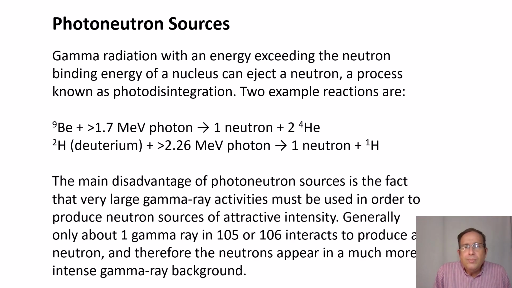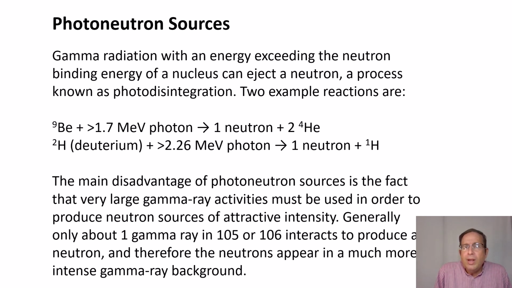Now, the disadvantage of photodisintegration or a photoneutron source is that a large gamma ray intensity is required to generate any sufficiently intense neutron source. Any neutron source with any reasonable intensity requires a large gamma ray activity for photodisintegration. So as it is shown here, about one gamma ray in 10^5 to 10^6 interacts to produce a neutron.